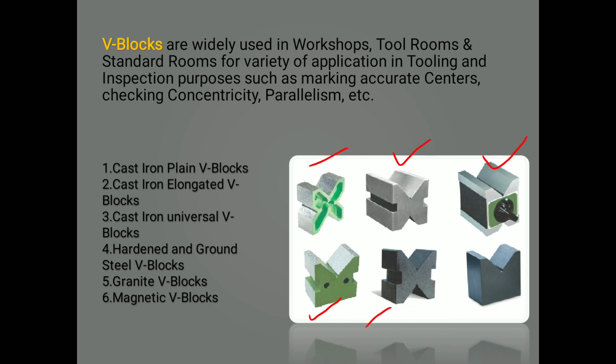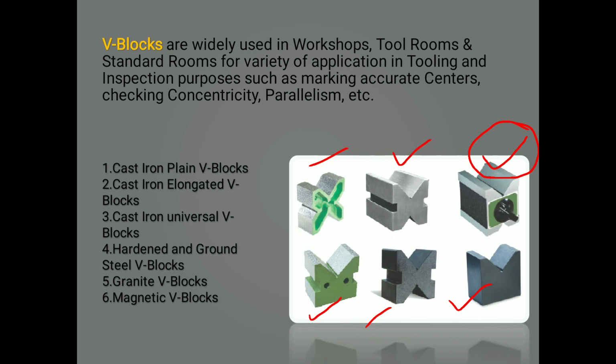This is the magnetic one. On any metallic or ferrous surface, you can directly attach this V block, and while taking readings you can firm it using the magnetic property of the base. This one is of granite, and let us see how exactly these are used.